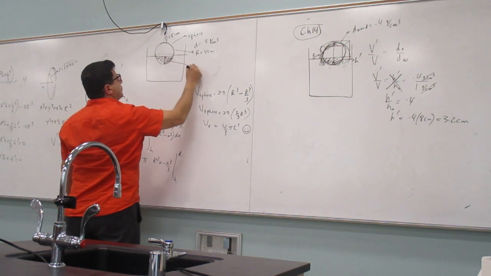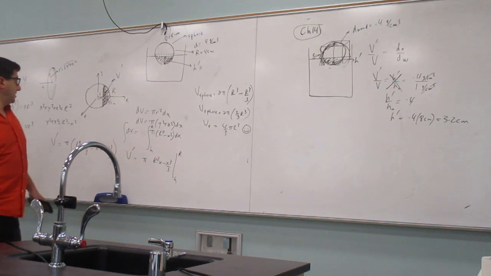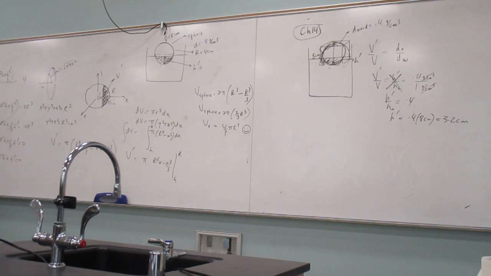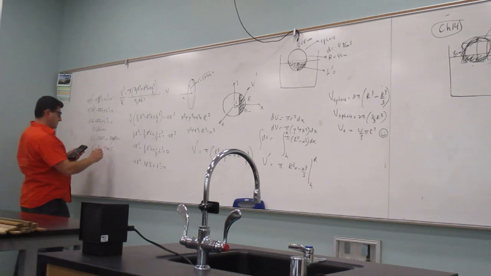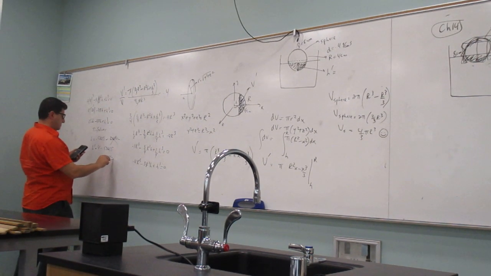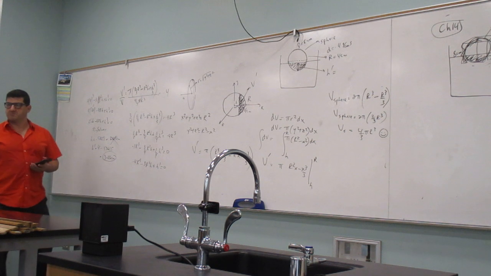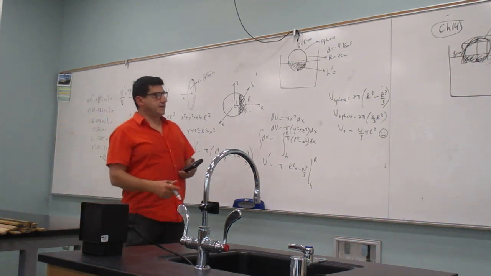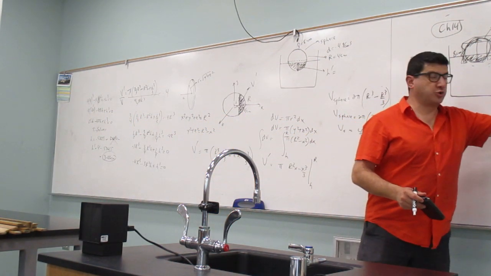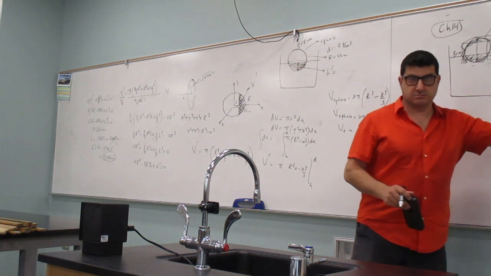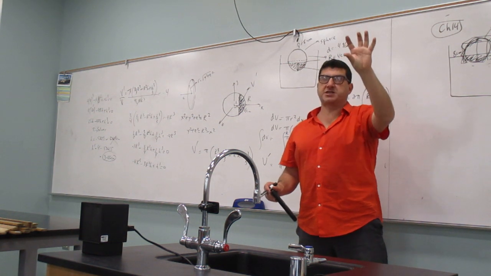So the portion that gets wet is 4 centimeters minus this. And then compared to the cube, 3.2 centimeters gets wet. So which one sinks in deeper? The sphere.